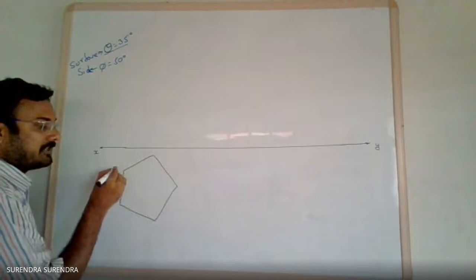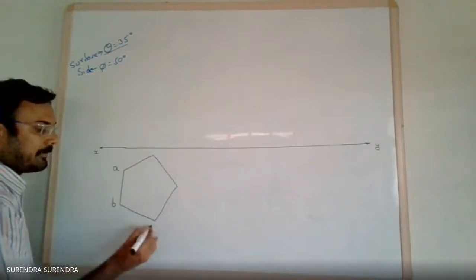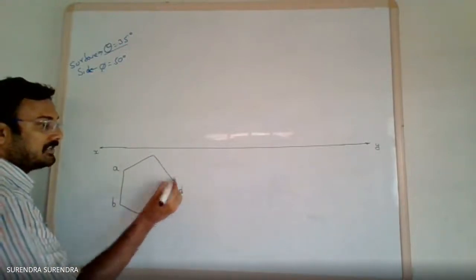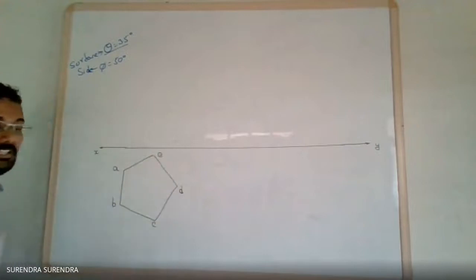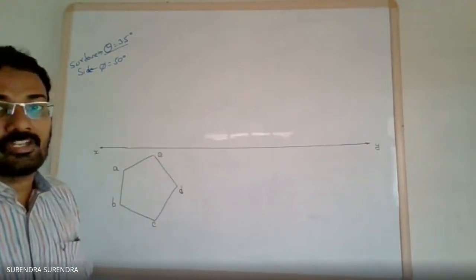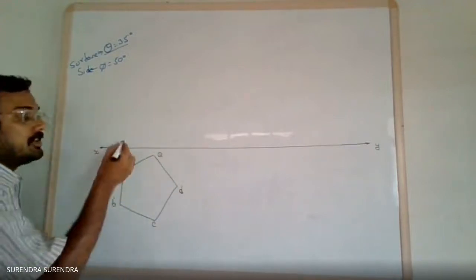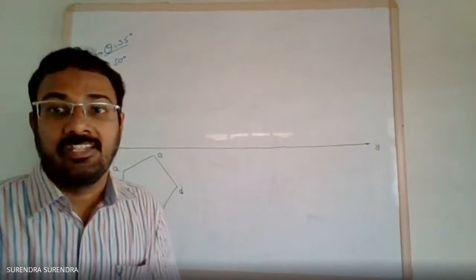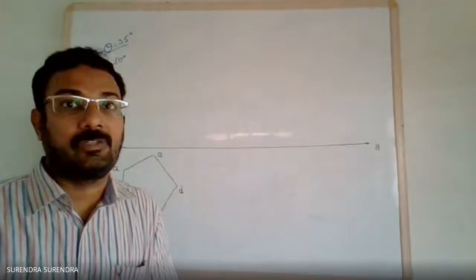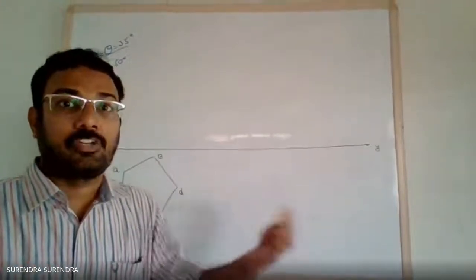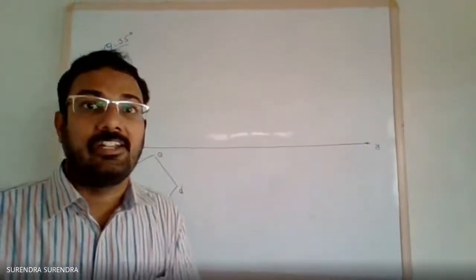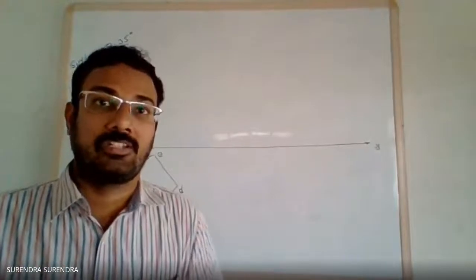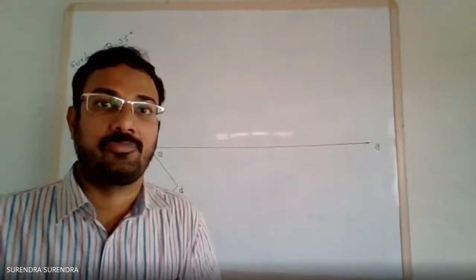Complete the pentagon. Name the corners as A, B, C, D, and E. Next, project all the points. Observe the problem. Here it is given that the side is parallel to HP, not resting on HP. In the previous two problems, it was given as a side on the reference plane or a corner on the reference plane.